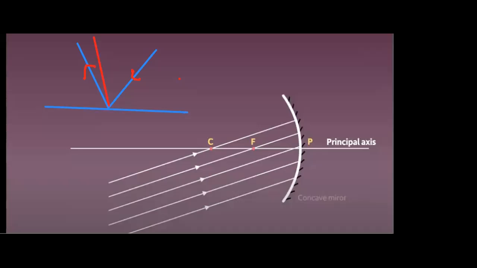Got it? Getting this? Okay. So think about it. Okay, sir, you are saying that even if we change the incident light and reflected light direction, it will still follow the same rule, right?